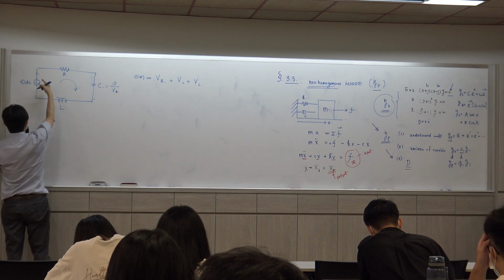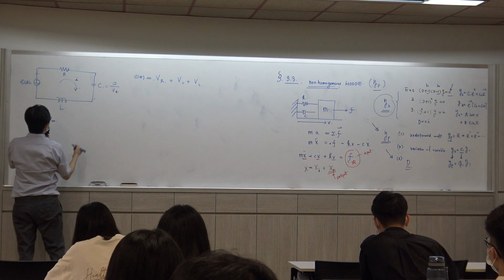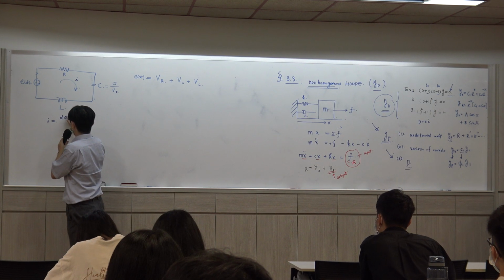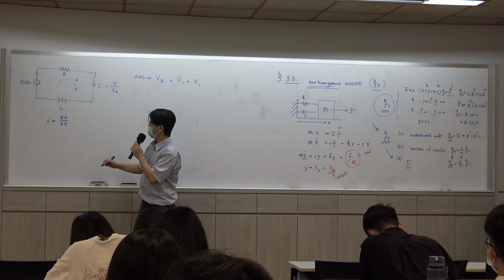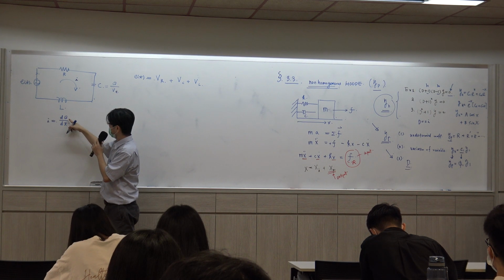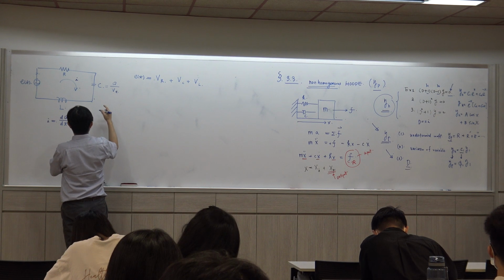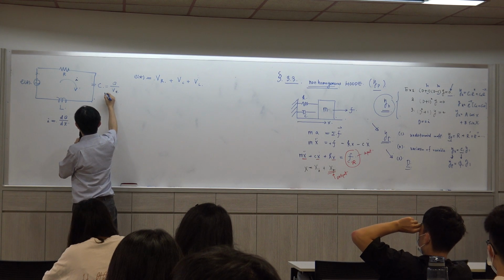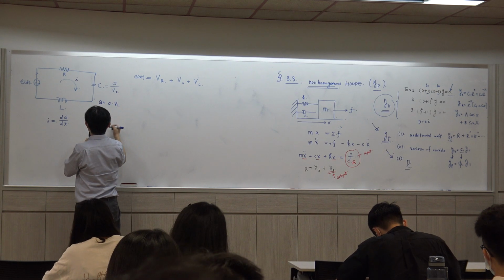in a closed loop, we share the current I. So I equals the rate of dq, and q equals C times Vc.